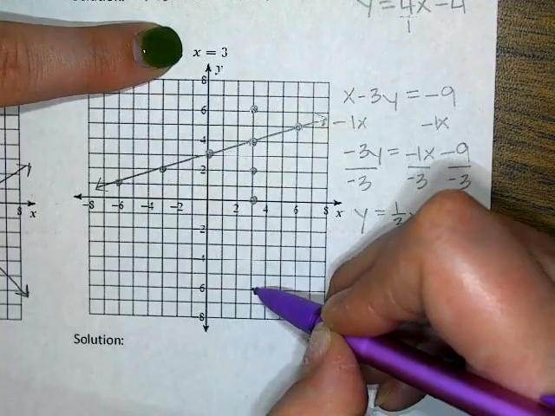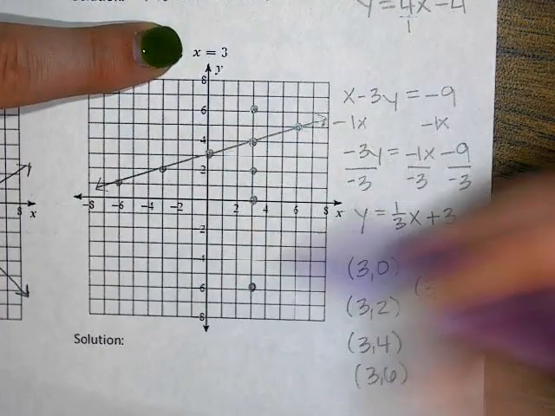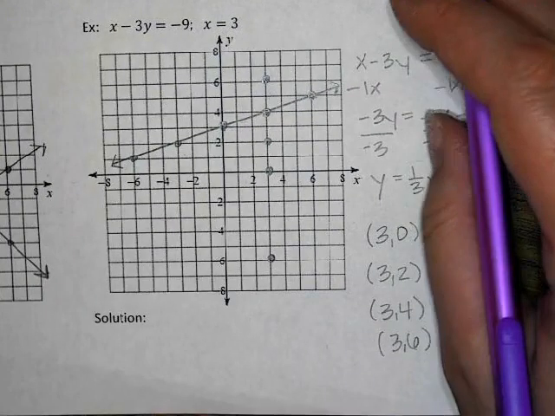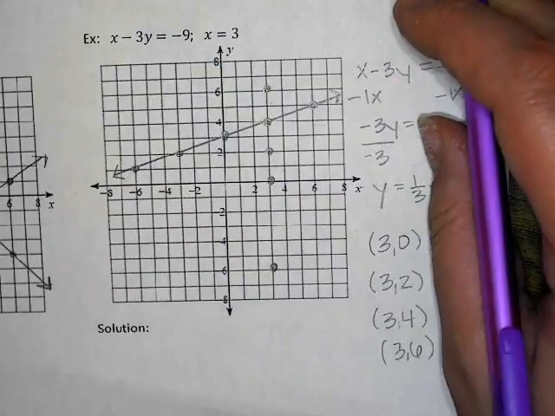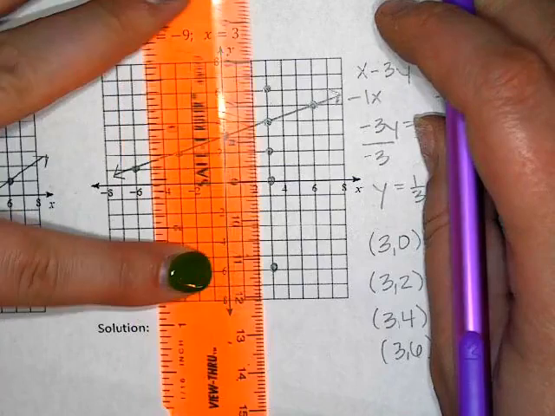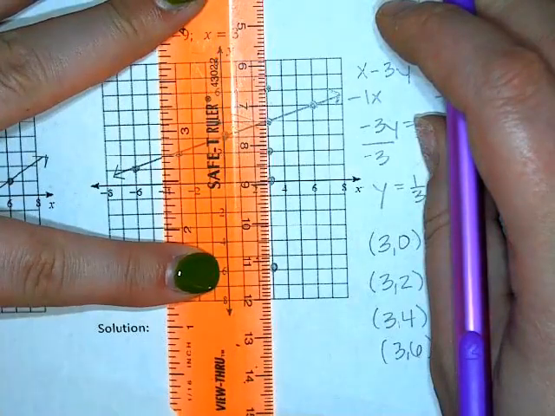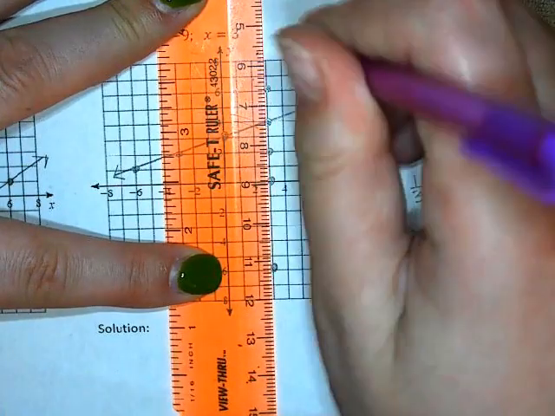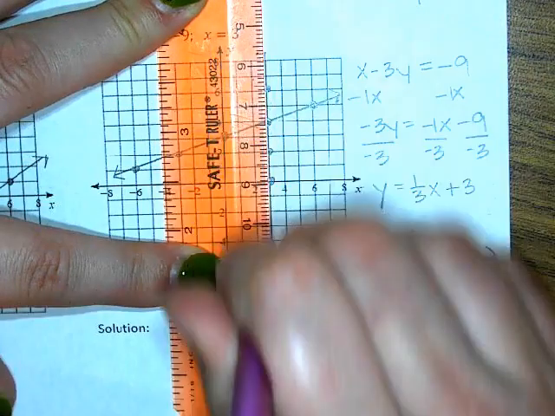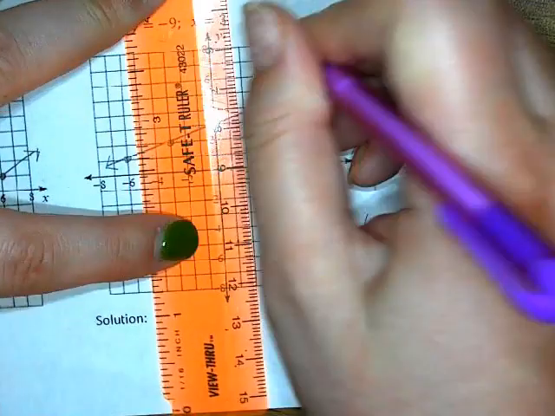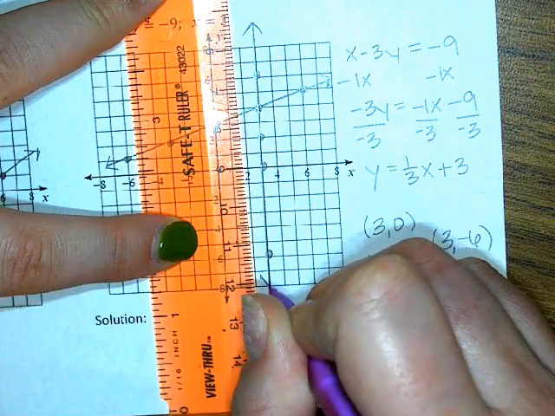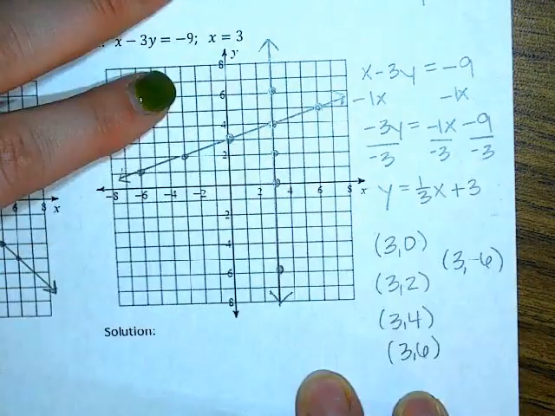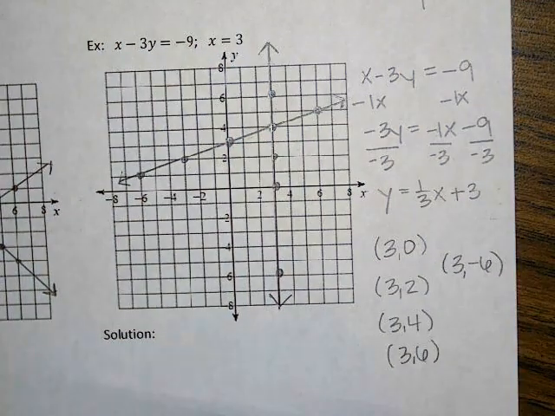So if we graph those points, that means that x equals 3 is a vertical line. And where do the lines cross? 3, 4. Perfect.